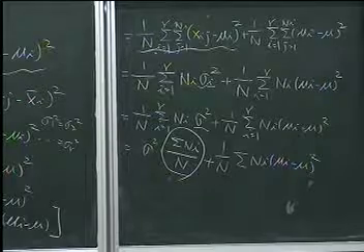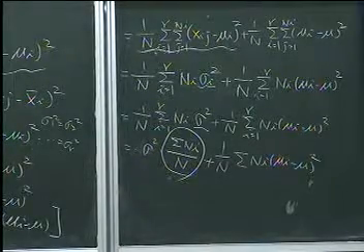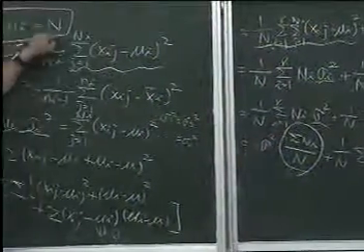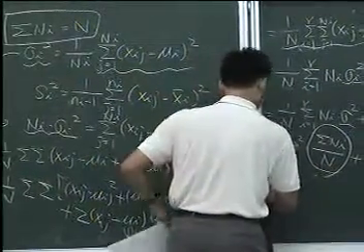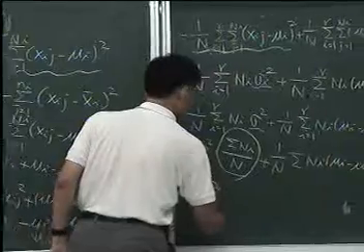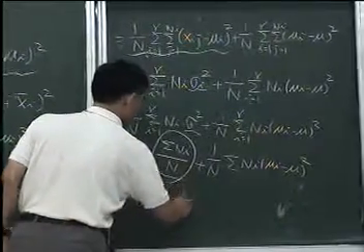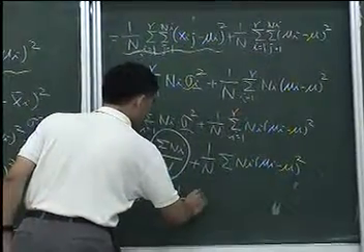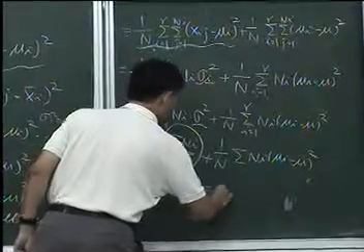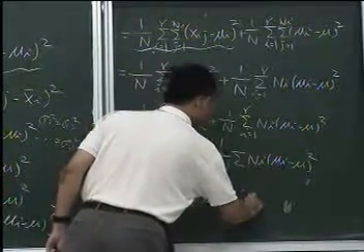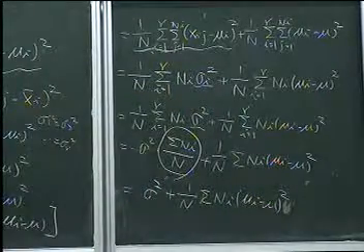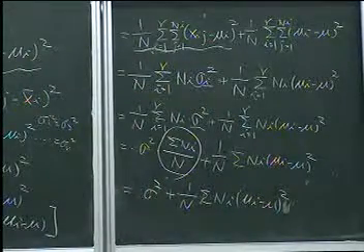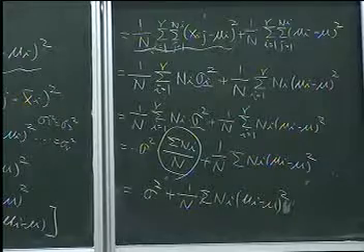The summation of ni is equal to n, so it is equal to 1. So we get sigma squared plus 1 over n, the summation of ni times (mu i minus mu) squared. Finally we find out what's going on here.